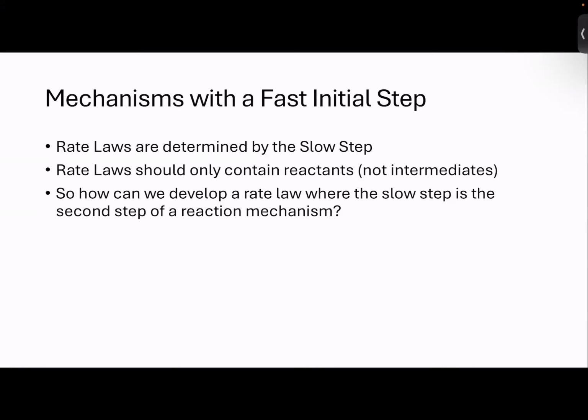It is going to be more challenging when that first step is a fast step. It is more challenging because that means we're going to have to do some manipulation of the equation, because ultimately our rate laws can only contain reactants.